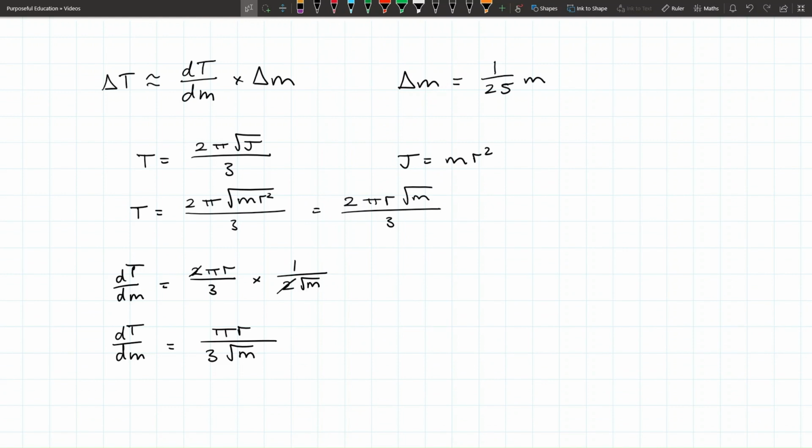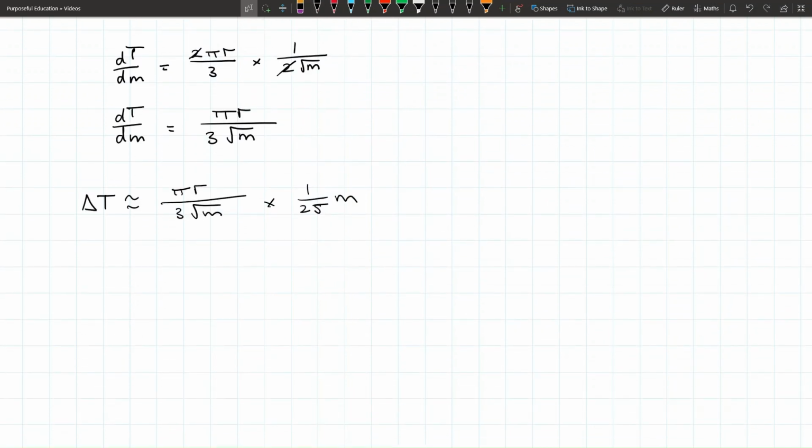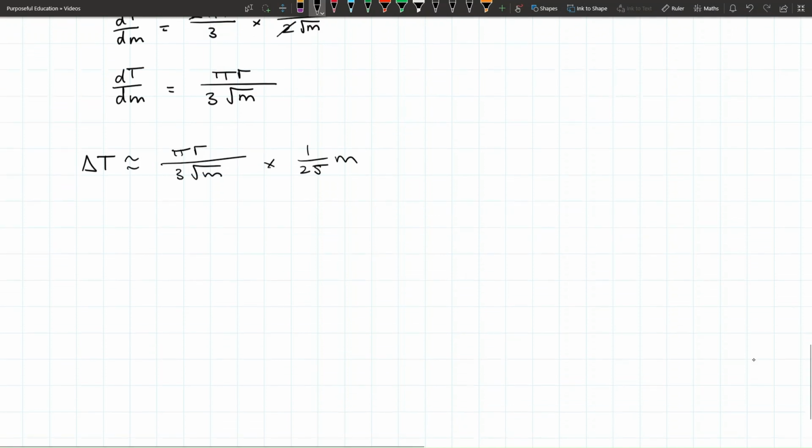Now, to find our change in t, that's going to be approximately equal to pi r over 3 root m times 1 over 25 m. And this simplifies by multiplying the m and the 1 over the square root of m.